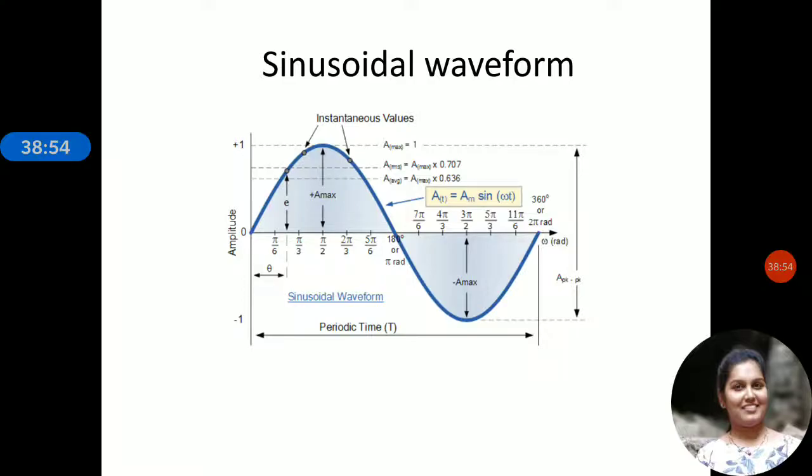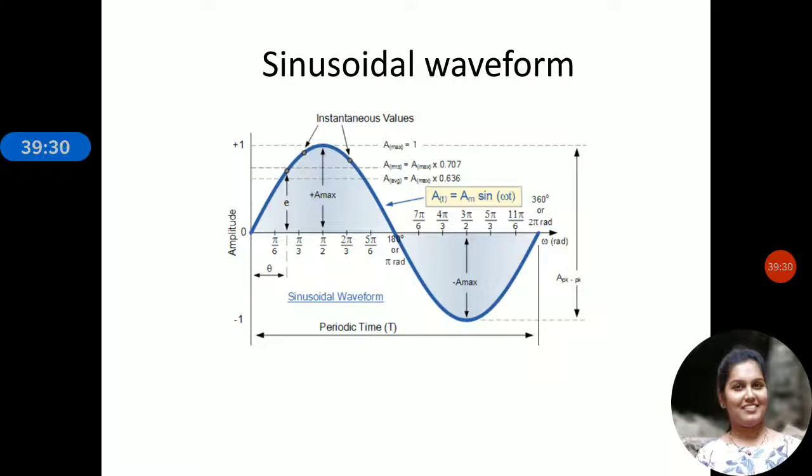A of t, where t indicates any instant of time. Am is nothing but the maximum value, into sin theta. Theta is the angle of rotation, and theta can be written as omega t. The time taken to complete 2 pi radians, that is from 0 to 2 pi, we call the time period.